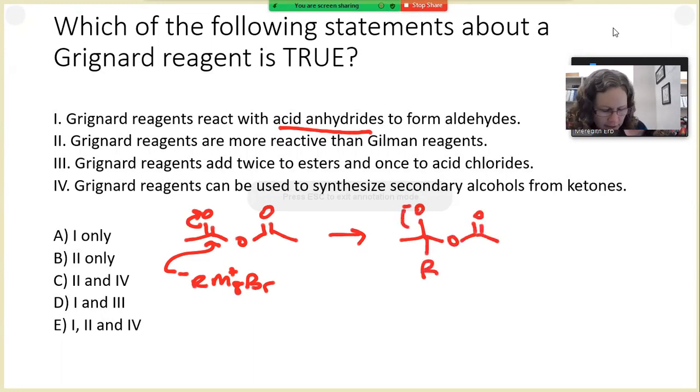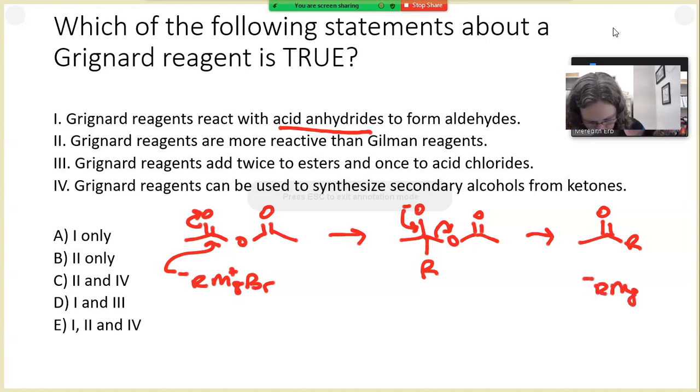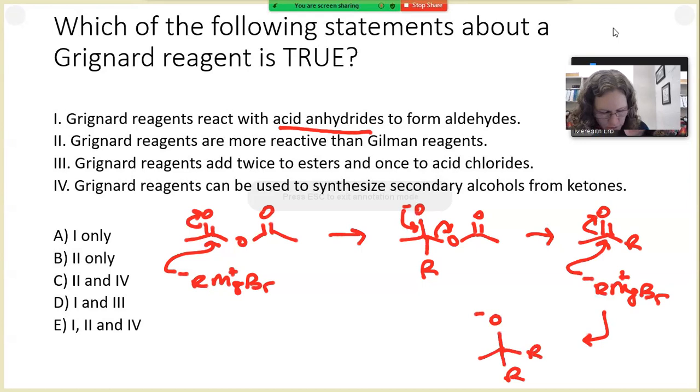And then the next step is loss of a leaving group. So we reform the carbonyl to make a ketone. And then that ketone is susceptible to reaction again with the Grignard reagent. So we have two reactions take place where we make two different tetrahedral intermediates.